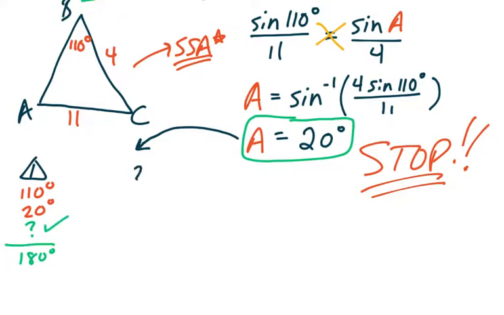Ready? Here's the second triangle check. Remember what you were given? You were given 110, so that's solid. And now, here's the trick. Remember, we take the 20, and we're going to do 180 minus it to see if its supplementary also works when we swing that side over like we saw in the diagram. That is 160 degrees, right? 180 minus 20 is 160.